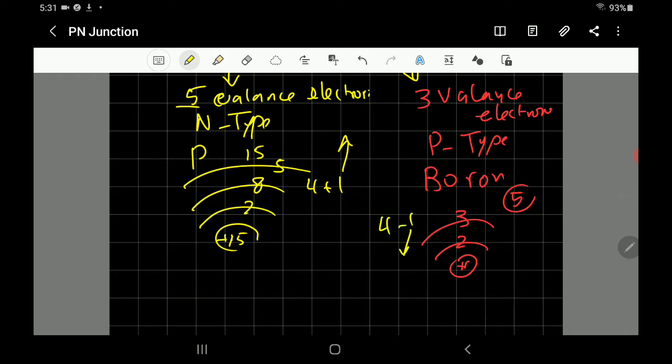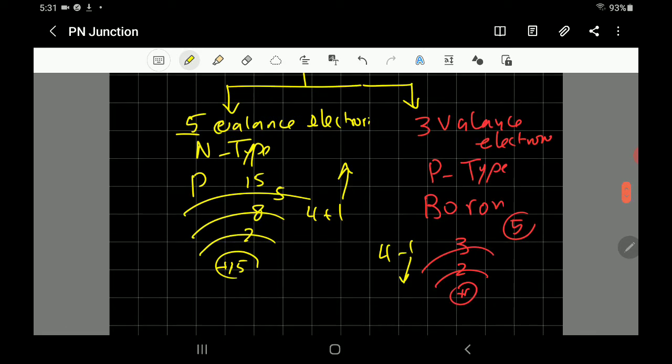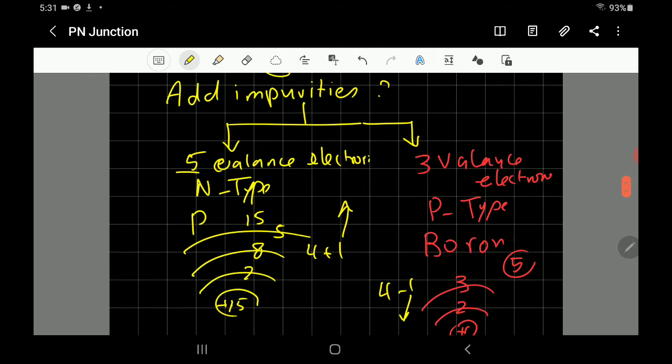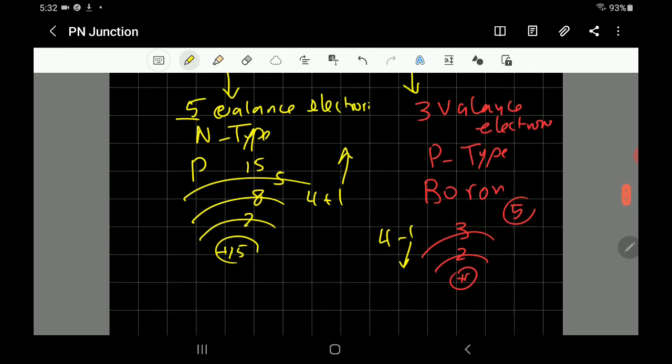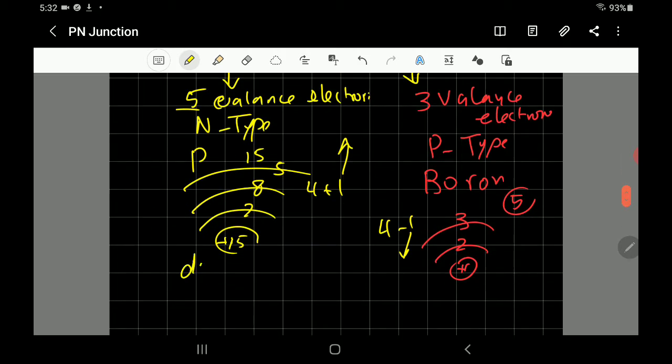So n-type material is made by adding this kind of material, like phosphorus or antimony, anything that has 5 valence electrons in the last orbit. That would be considered an impurity of the type we call donor. Why do they call it donor? Because as you see, it has 5 electrons, meaning it has an extra electron, so it can give 1 free electron.